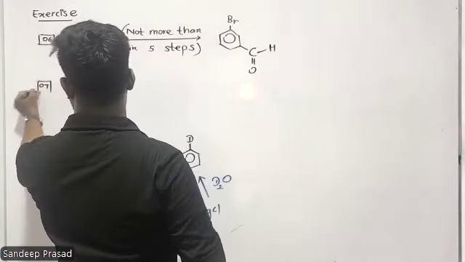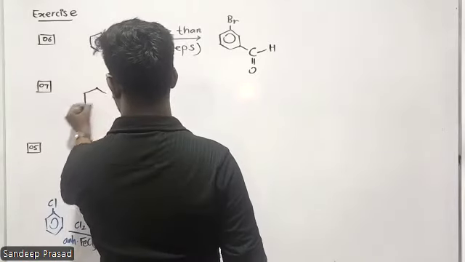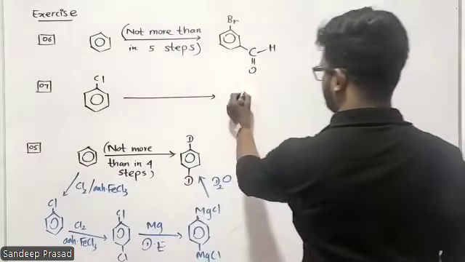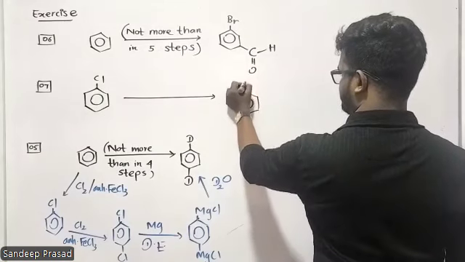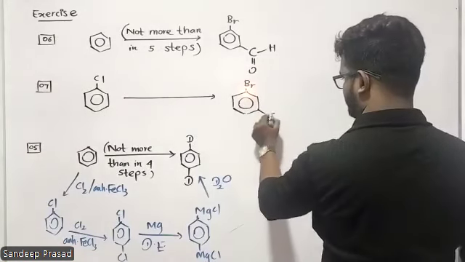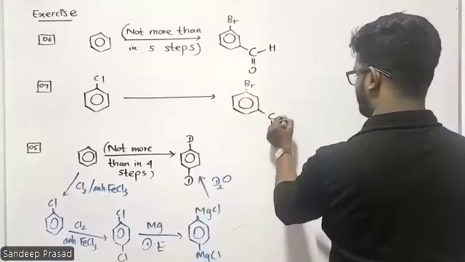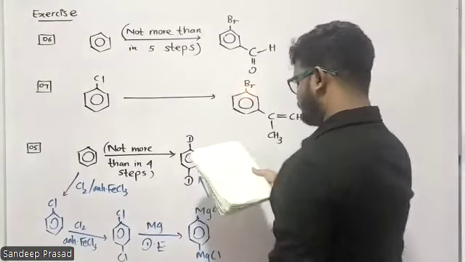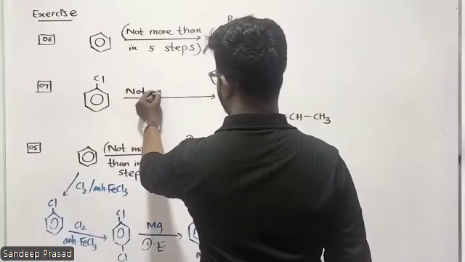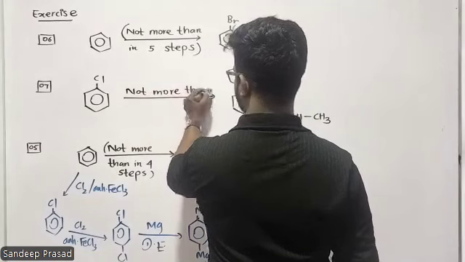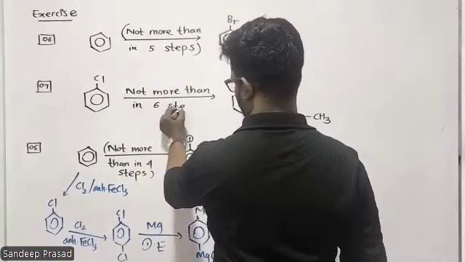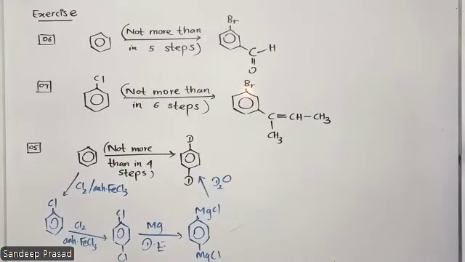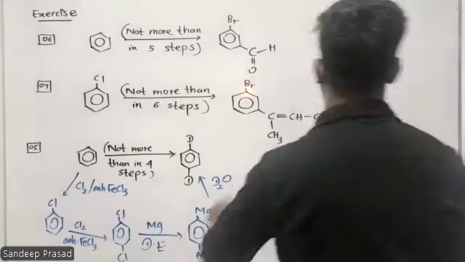Number 7: we are starting from chlorobenzene, not more than in 6 steps. So do these two as homework.